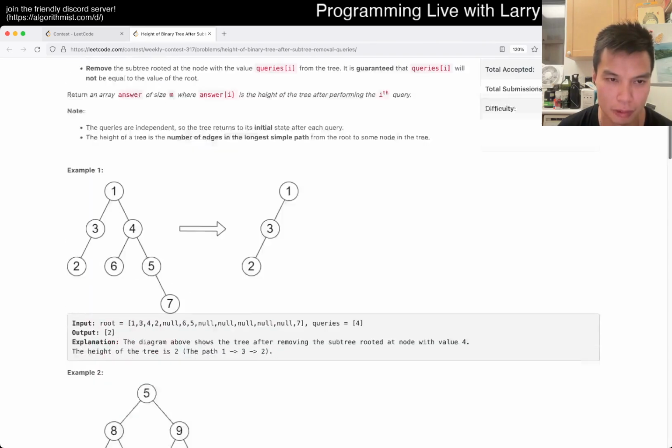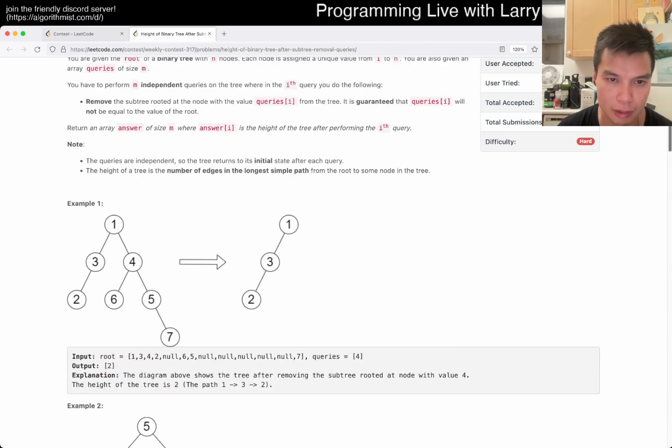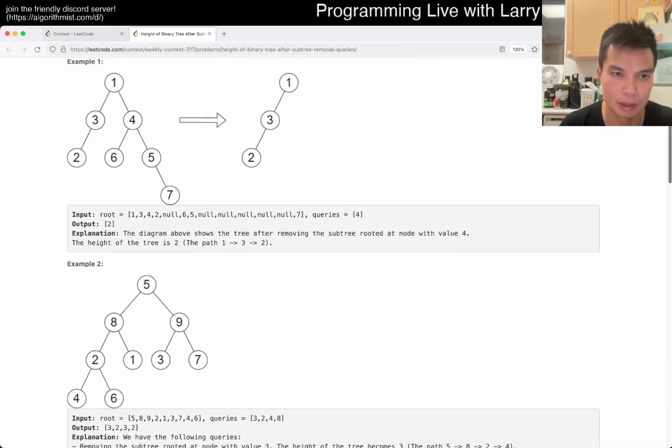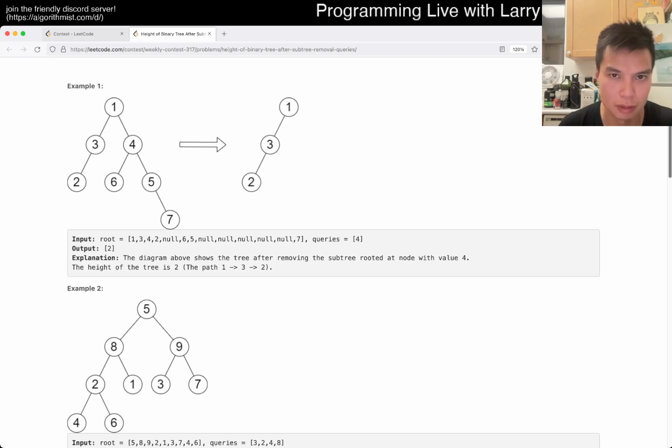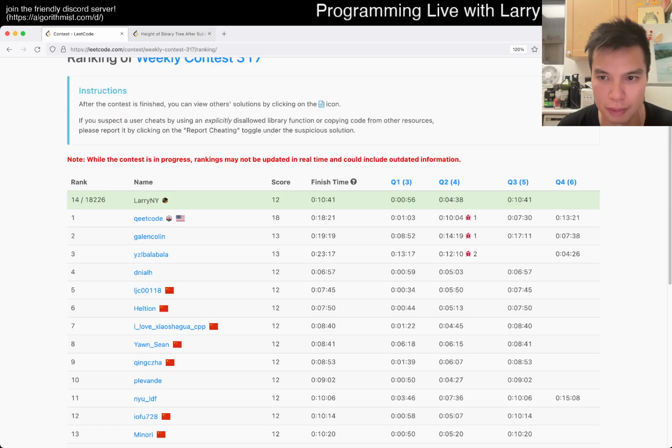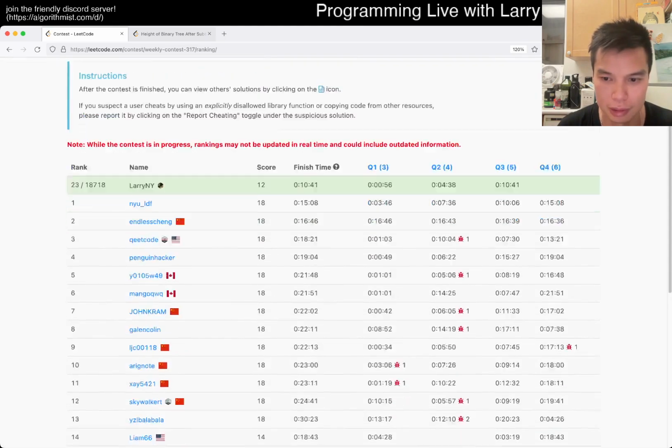I guess we do a depth first search, so getting rid of the 7. If node dot right is bad, then is it binary lifting? I don't want to do binary lifting. That's why.